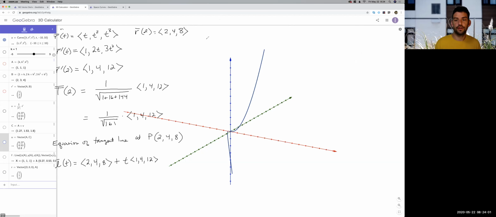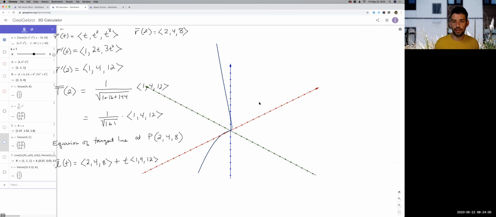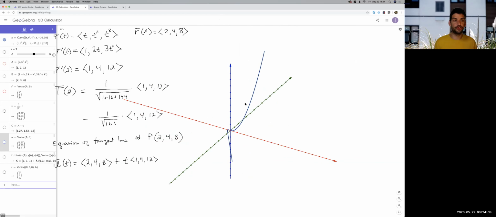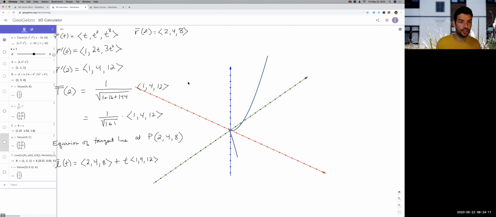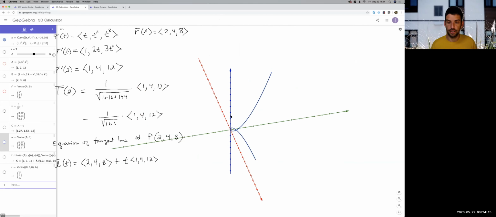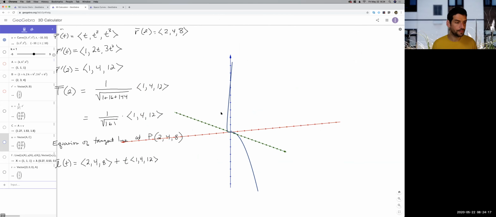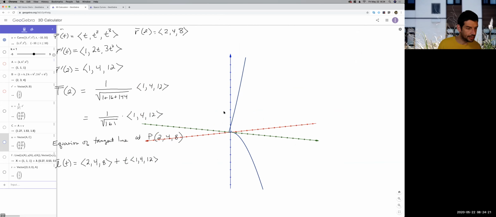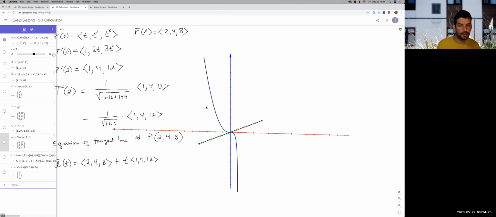So first, we're looking at a graph of this vector function. This is the space curve associated to that vector function, t squared, t cubed. Let's look at a few things.